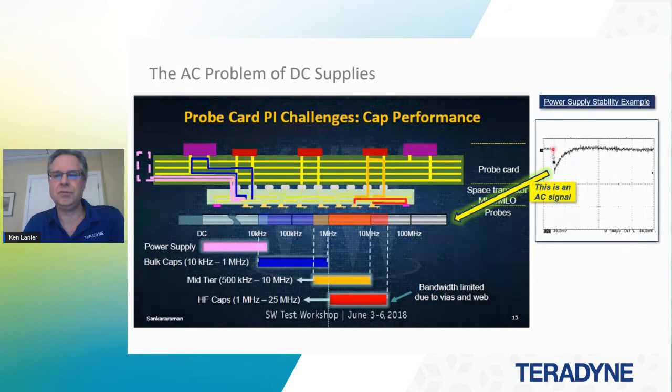Because this is a broadband signal and we need to make it look as good as we can. So again, what's the spectrum of your power supply output? Kind of a funny question, but it's actually really important.